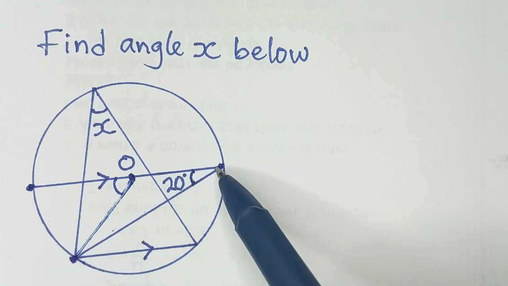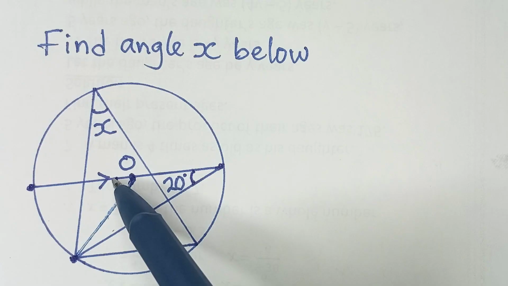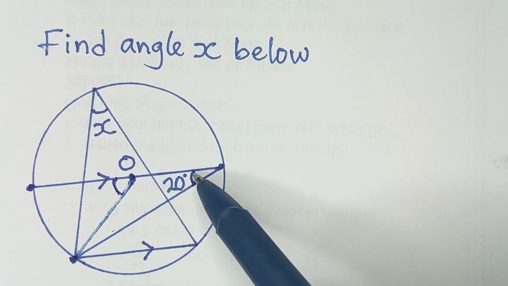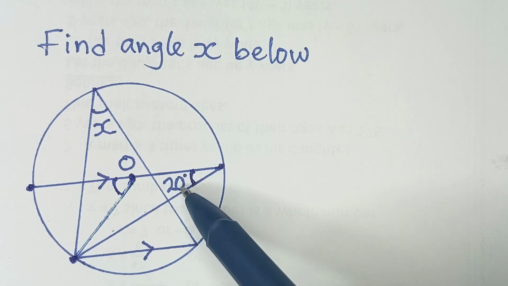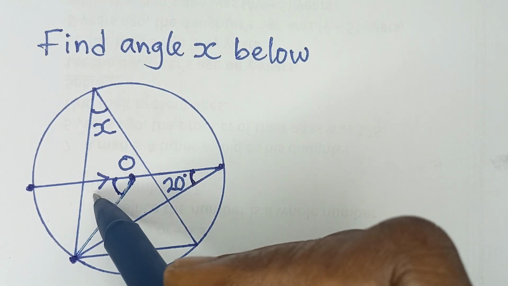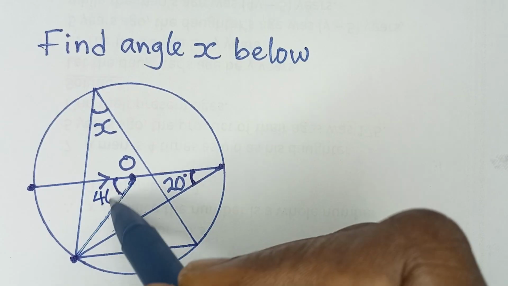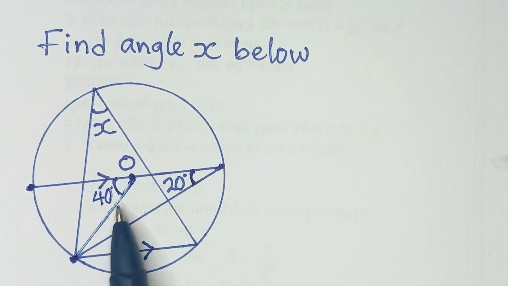So when we have a case like this, we say that angle at center is twice that at the circumference. So since this is 20 at the circumference, 20 multiplied by 2, which is 40, will give us the angle at the center. So that means this angle here is 40 degrees.